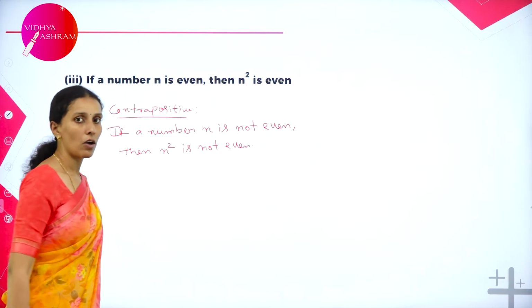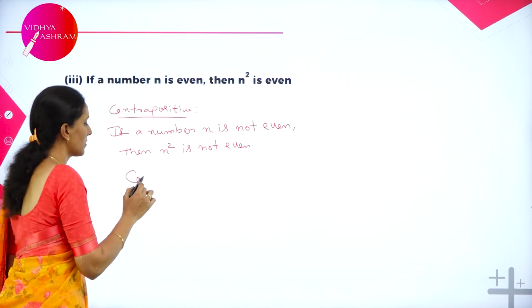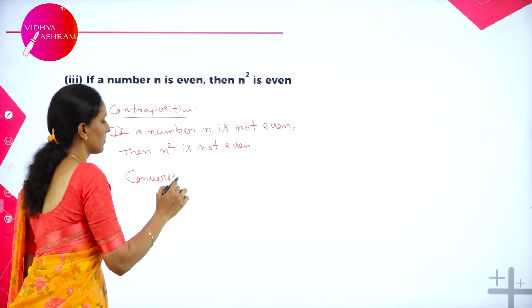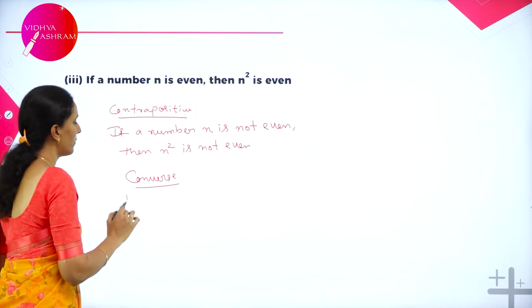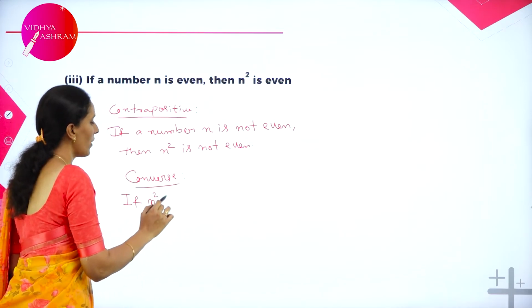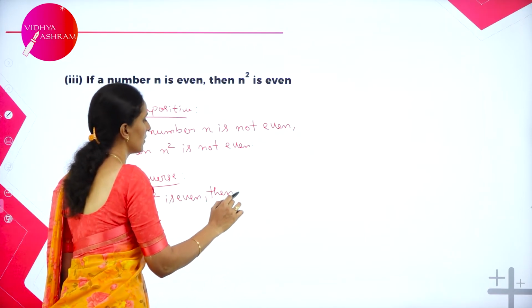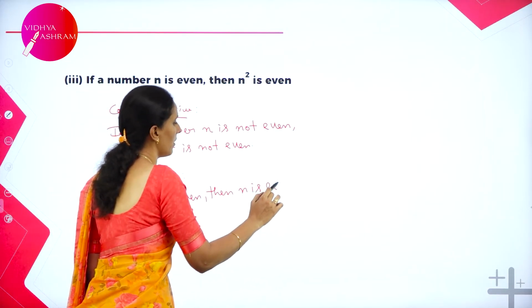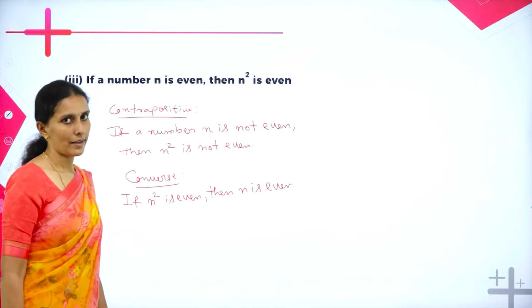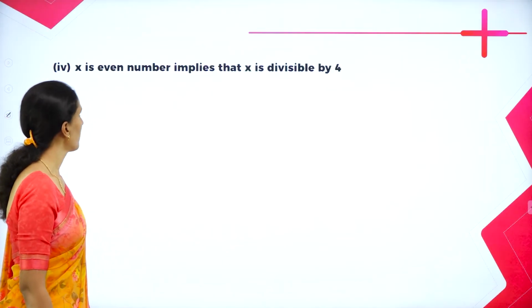So this is the contrapositive. Converse: if n square is even, then n is even. So like this. Next one.